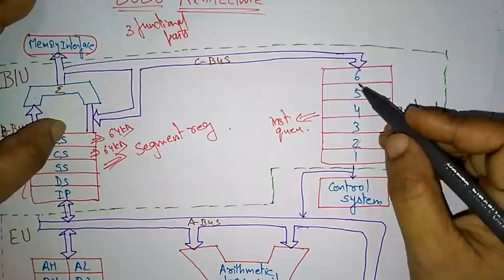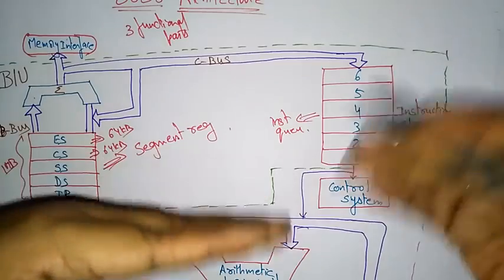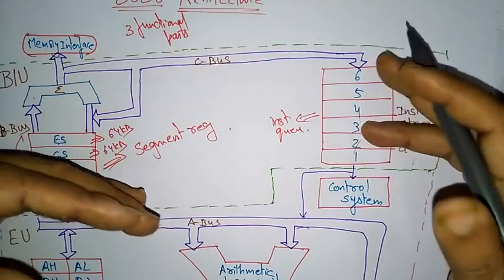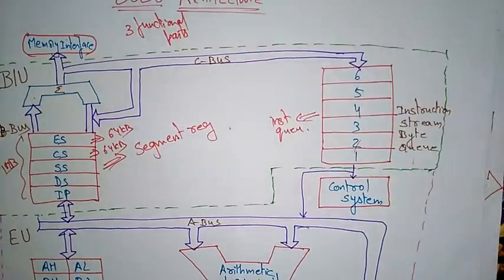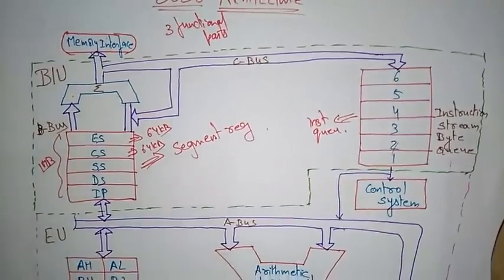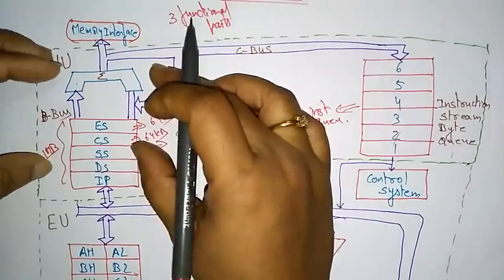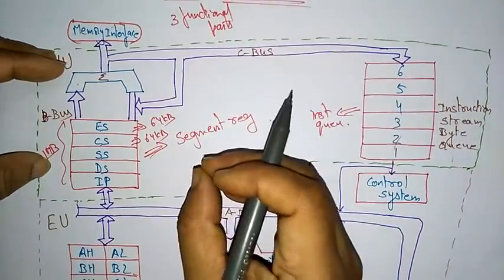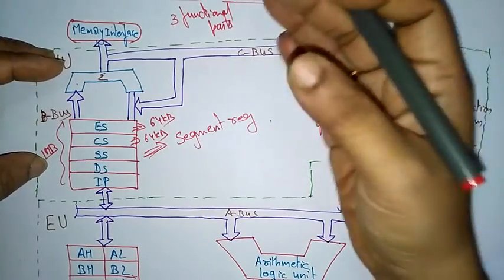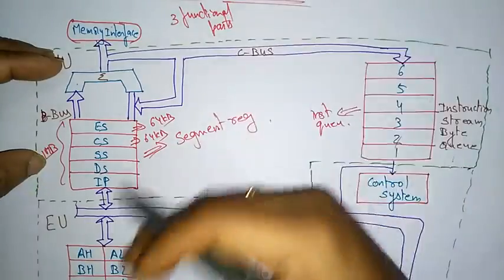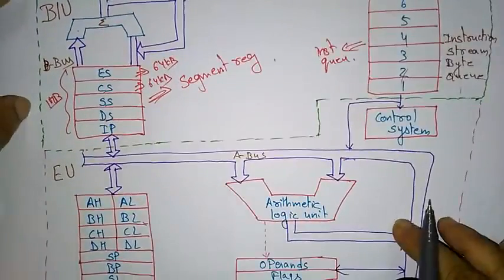These bytes store the next data that has to be sent, in the form of a queue, one after the other, based on priority. So this is about the bus interface unit. It only fetches the instructions or data, sends them to the ports and memories, and reads the data from memory and the ports. In the next video, I'll explain the execution unit. Thank you.